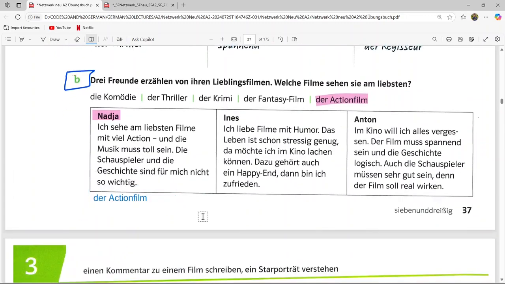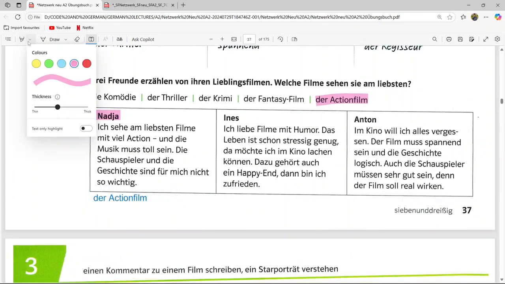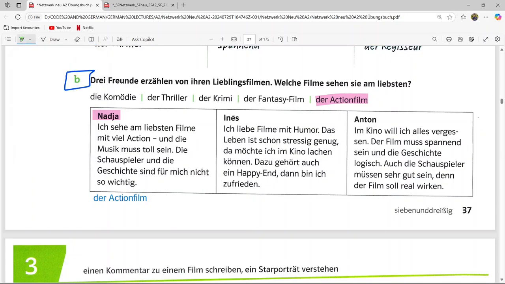Okay, then next person is Ines. So let us read about it. Ich liebe Film mit Humor. So I love films with humor. Das Leben ist schon stressig genug. Das musste ich im Kino lachen können. So life is stressful enough, so I want to laugh at the movies. Dazu gehört auch ein Happy End, dann bin ich zufrieden.